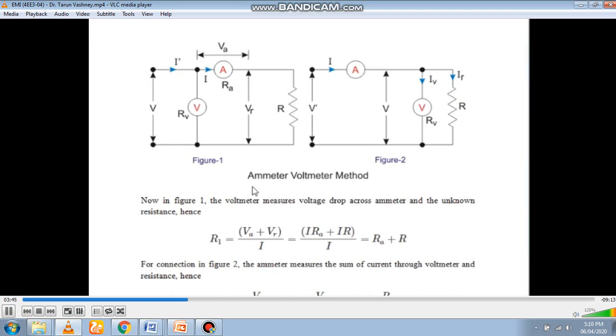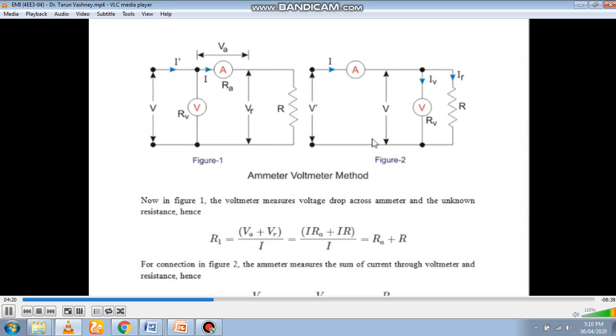The resistance is given by V upon I, that is (VA plus VR) upon I, or (I into RA plus I into R) upon I, which yields RA plus R. So we get the value of resistance as RA plus R, where RA is the resistance of the ammeter.